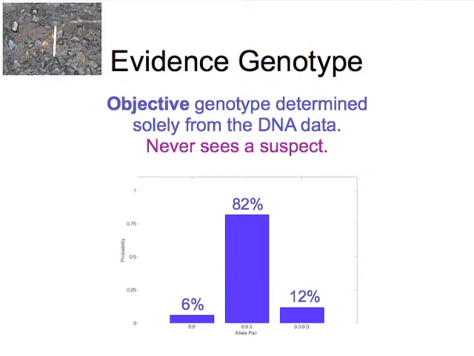It has no idea who you're looking for. It doesn't know what problem you're trying to solve, except what is the genotype of this evidence, in fact, of these 3 different samplings of the matchstick. When it's all done, that genotype can be compared against the suspect, 10 suspects, or an entire database of 1 million suspects. It doesn't make any difference. It's objectively inferred without regard to a particular question yet.